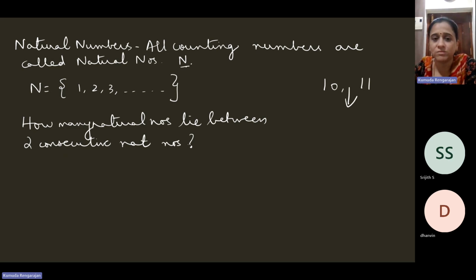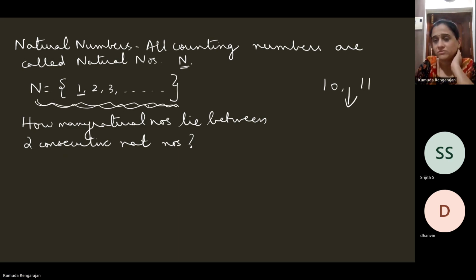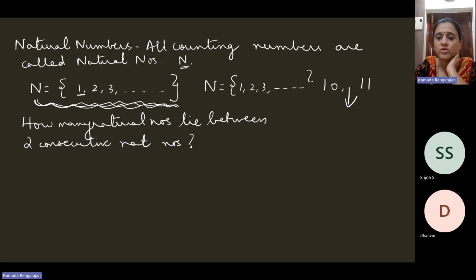Natural numbers are represented by the capital letter N. The smallest natural number is 1. The largest natural number is not defined. This is how you represent natural numbers: N is equal to the collection of natural numbers, equal to open a flower bracket, starts from 1, 2, 3, and goes on like this. All right. Whole numbers.